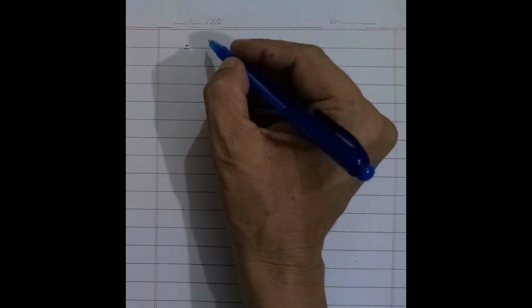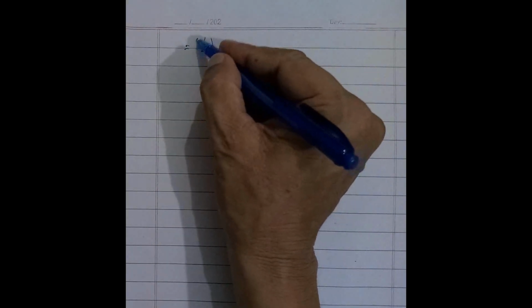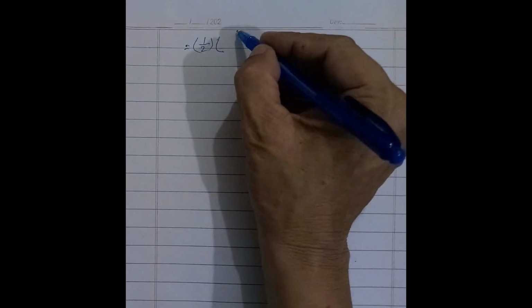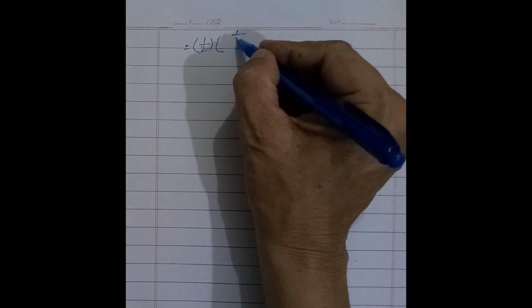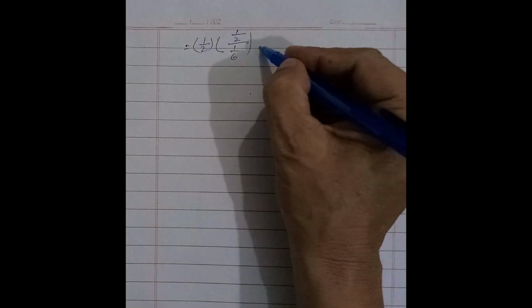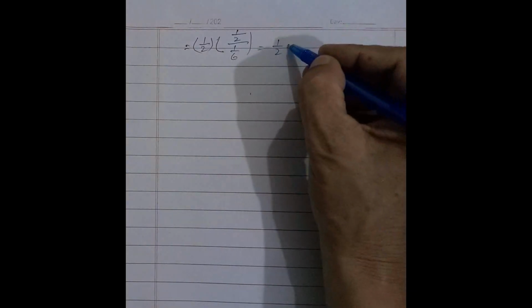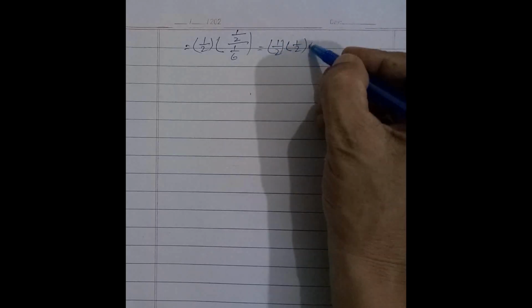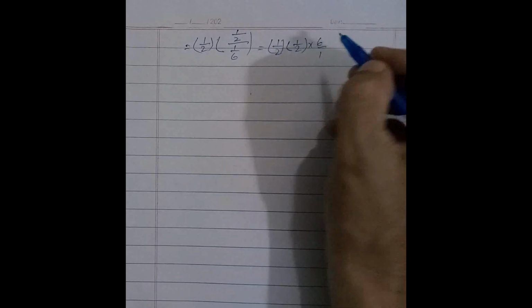Alpha plus beta we have 1 over 2, and alpha beta is 1 over 6. Now we simplify it, 1 over 2 into 1 over 2 multiplied by 6 over 1.